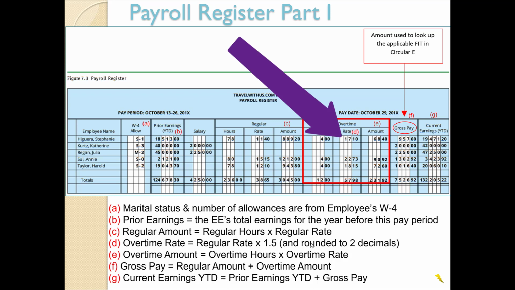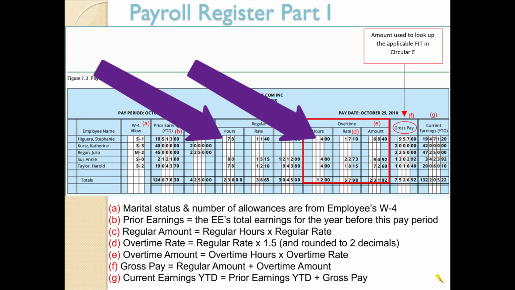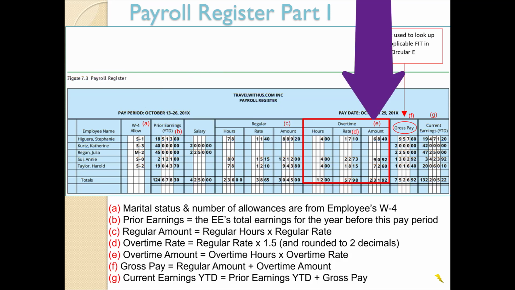That's calculated by taking her regular rate, $11.40, and multiplying it by 1.5. Now you may be wondering, how can she have overtime hours if she only works 78 hours? Well, in one pay period, she must have worked 44 hours. And then the overtime amount, of course, is calculated by taking the overtime hours times the overtime rate.